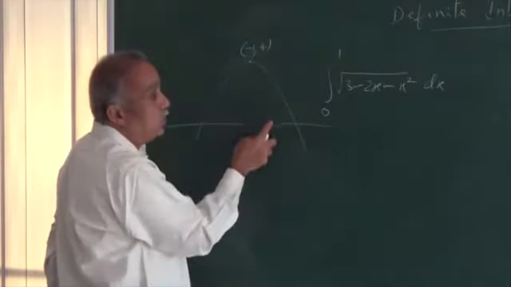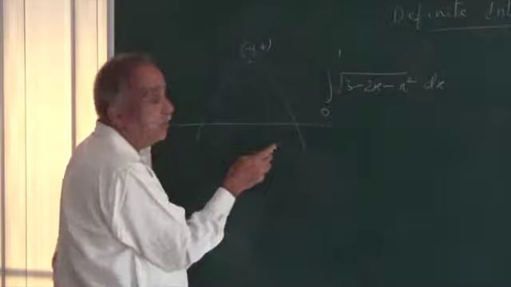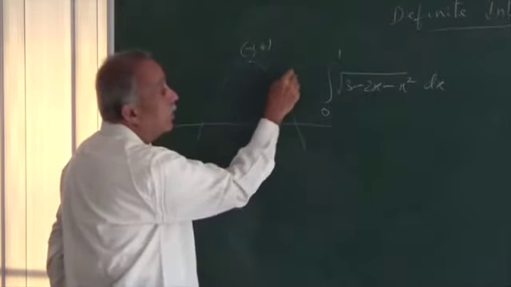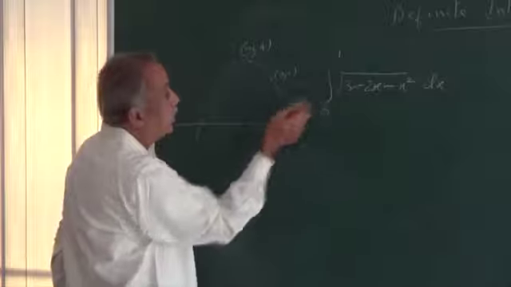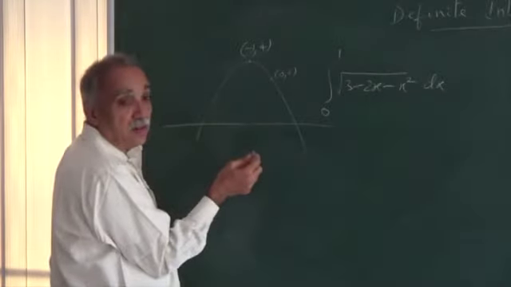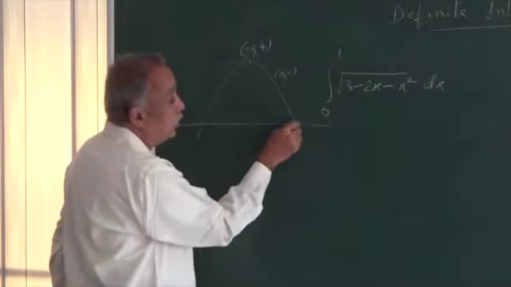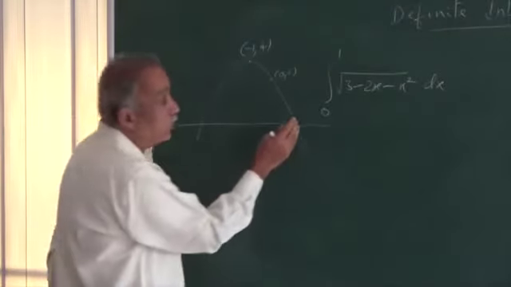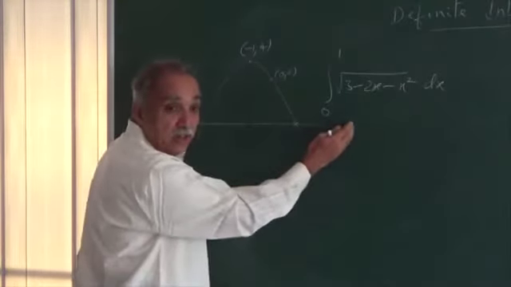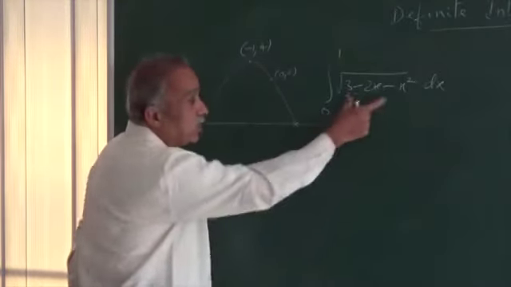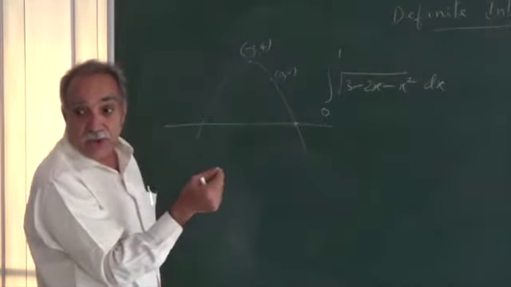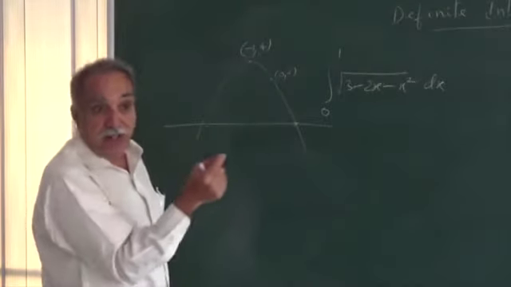At x equal to 0, what is the value of the expression? 3. Agreeable? At x equal to 1, 0. So we are not crossing this point. If I choose a value greater than 1, at that point this expression 3 minus 2x minus x square will become negative and the function will become undefined.